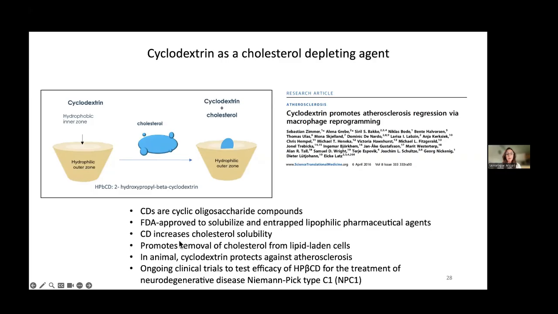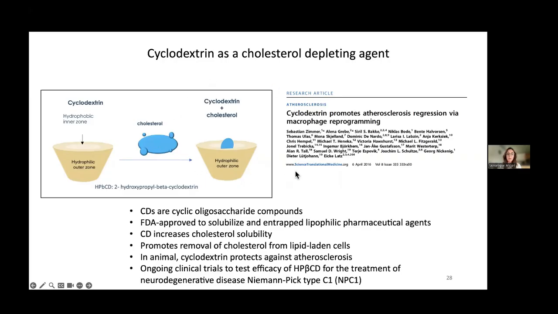In fact, there are several papers showing that it promotes the removal of cholesterol from foam cells. Particularly interesting was a paper by Zimmer showing that the treatment of apoE mice with cyclodextrin promoted atherosclerosis regression, particularly by promoting cholesterol efflux by macrophages and macrophage reprogramming.